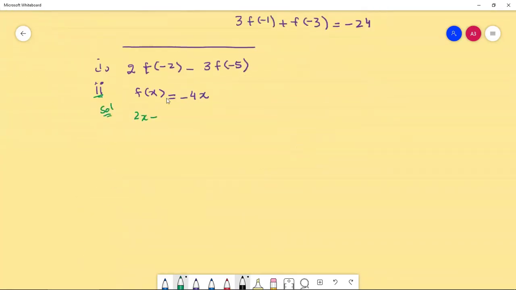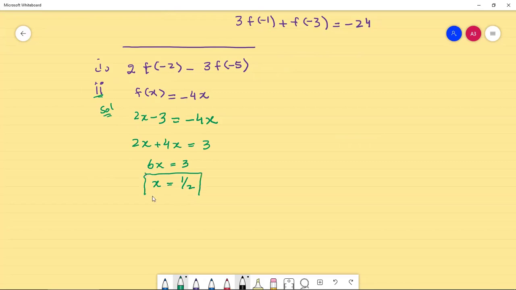So you simply put the value of f of x, 2x minus 3, is equal to minus 4x. Now solve this equation. 2x we shift, minus 4x on this side will become plus 4x, and 3 on the other side of the equation, this will become 6x is equal to 3, and x is equal to 1 by 2. So this is our final answer.